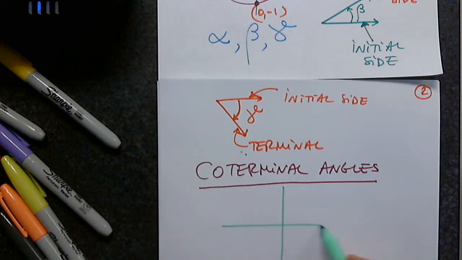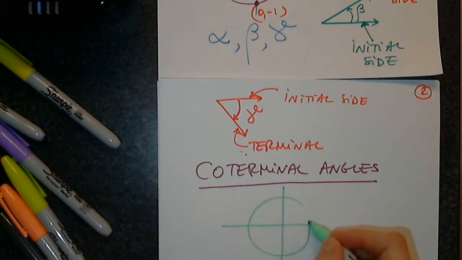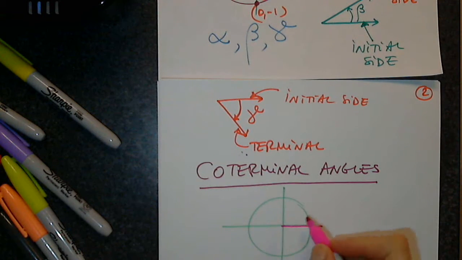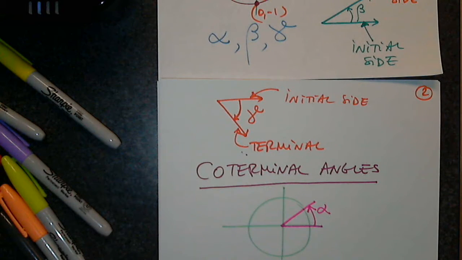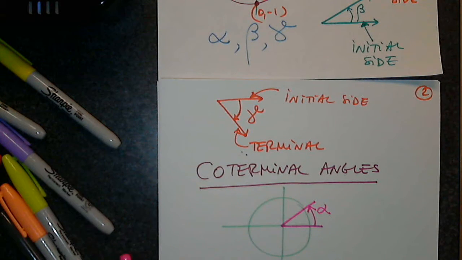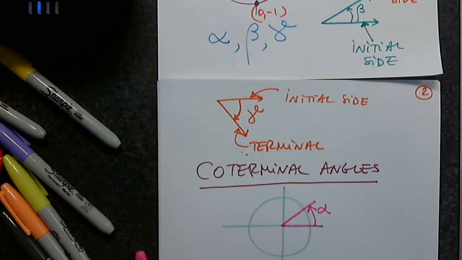Here's an example of, let's say, a positive angle. So here's my alpha. And I'm going to show you a co-terminal angle with this one.